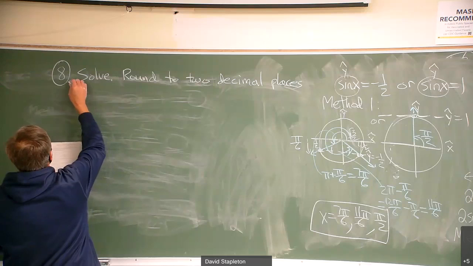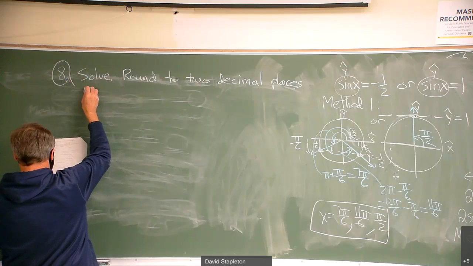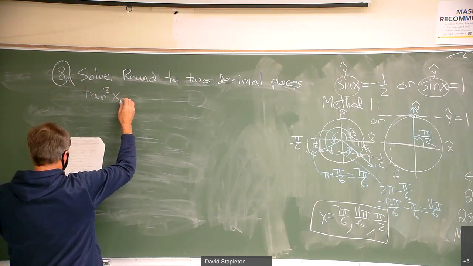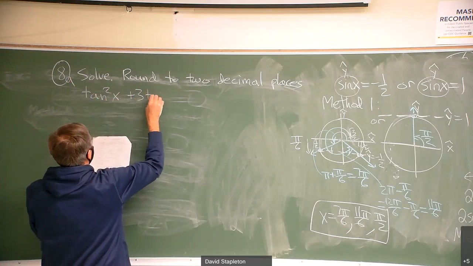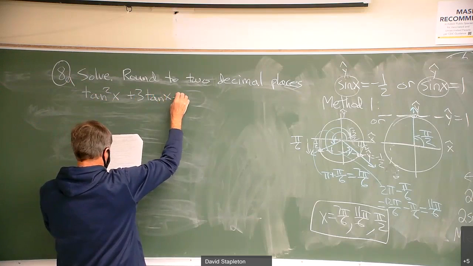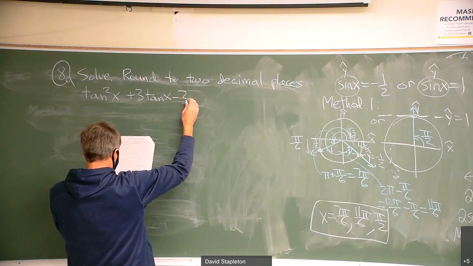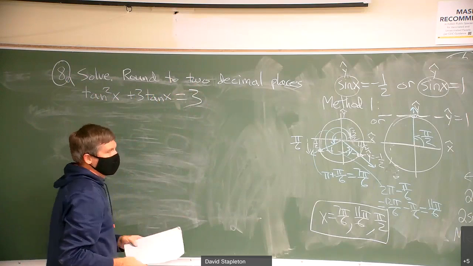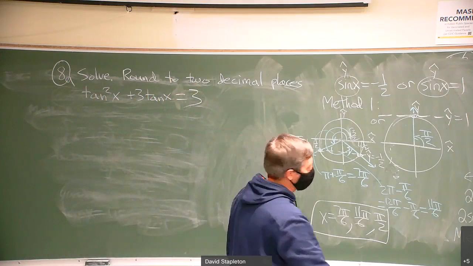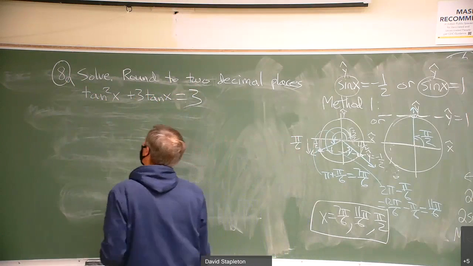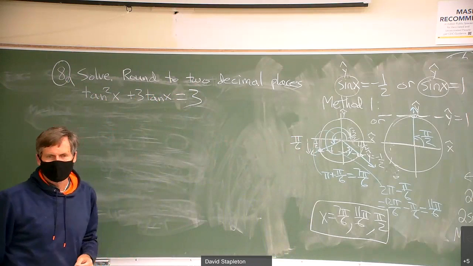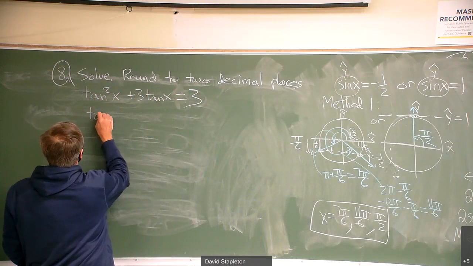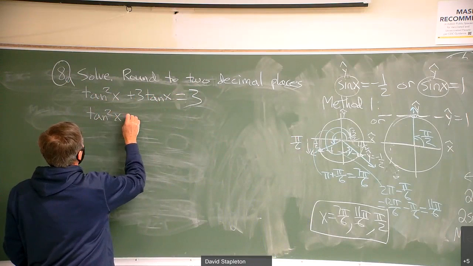Let's look at 8a. Say tangent squared x plus 3 tangent x minus 3, equal to something. You see this one on the test. What's the first thing you should do? Yeah, put the minus 3 over here, so it's equal to 0.